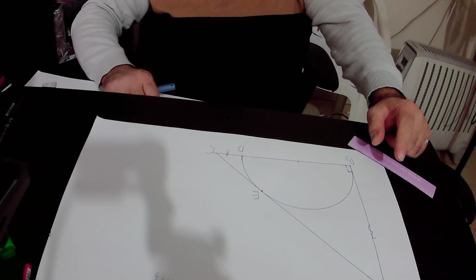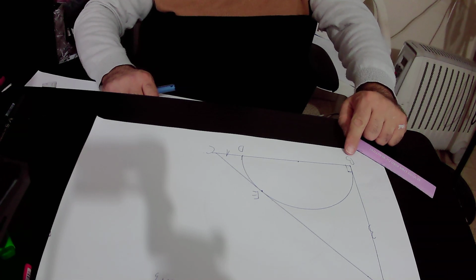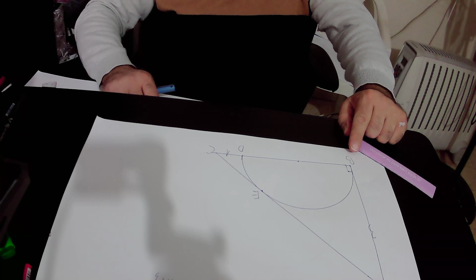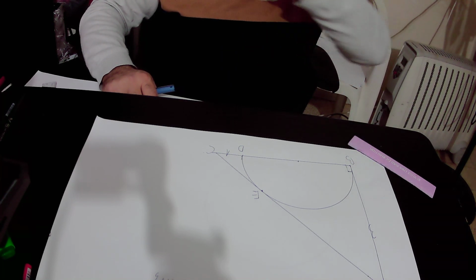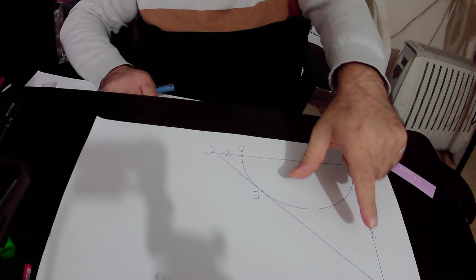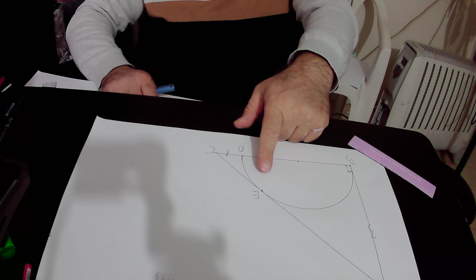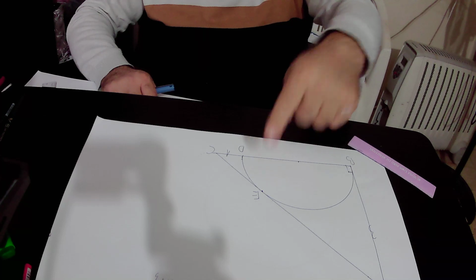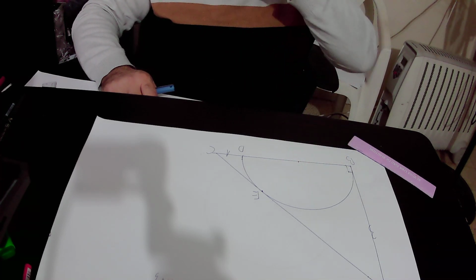Side AB of triangle ABC is tangent to the semicircle at point B. Point B is the point of contact of tangent AB with the semicircle, and line segment AE is tangent to the semicircle at point E. Point E is the point of contact of tangent AE with the semicircle, and we want to find the radius of this semicircle.